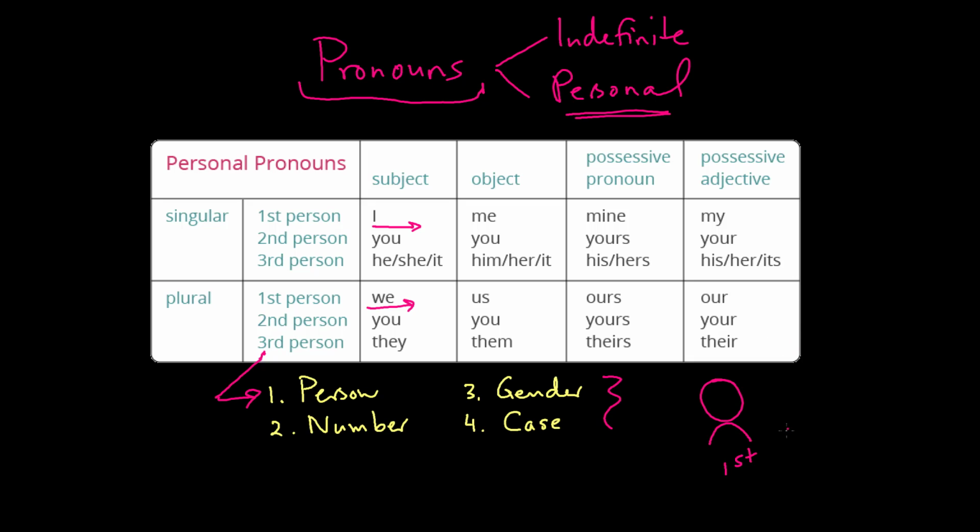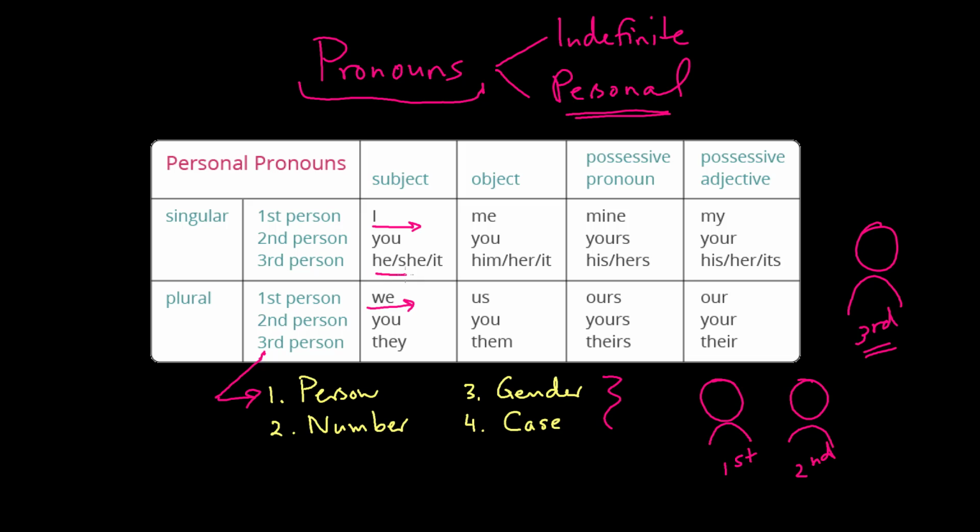If you're talking to another person or another group of people, let's add somebody else, then that would be the second person. And so you really get this idea that if the first person talks to the second person, then they are a second group. If in the distance, let's say, you see somebody else and you start talking with the second person about the third person, then now we're dealing with third person pronouns.